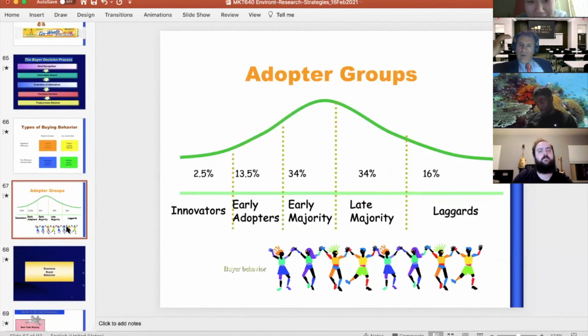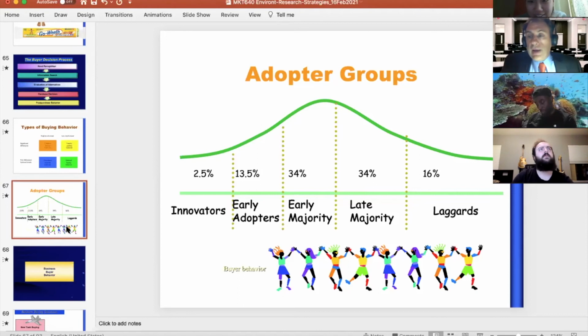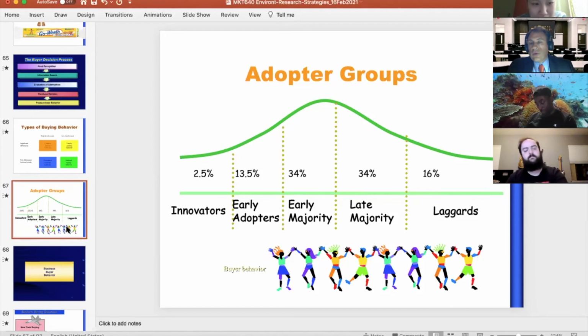There are 5 groups of consumers, depending on when do they buy. So the first group of consumers are called the innovators. They are the people that will consume first. The innovators tend to be more educated, more curious, and tend to have a higher social class, higher income.